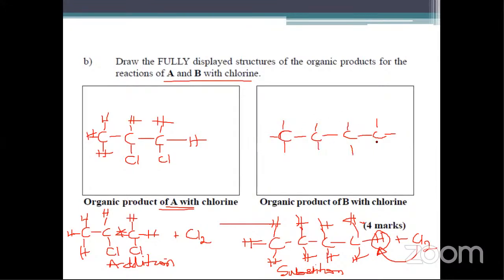So you have your compound, and you have a hydrogen coming off and a chlorine taking its place. So that is it. And that would give you 4 marks. All right.